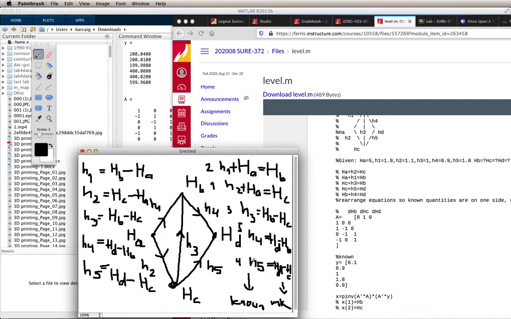Again, the order doesn't matter as long as it's consistent. So for the second equation, h1 plus ha, 1.9 plus 5 is 6.9. h3 is just 1. For the fourth equation is h5, which is 1.8, and h4, which is 0.9.